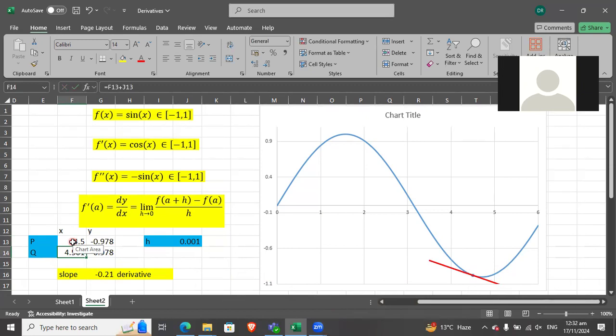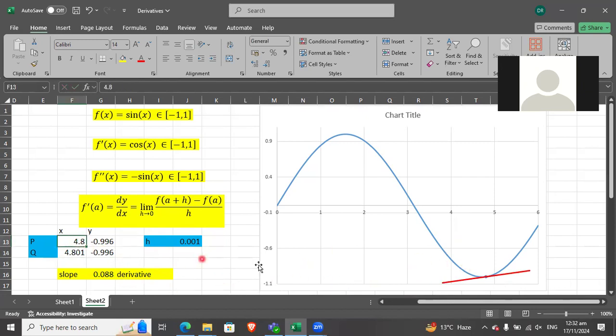I see a negative value of the slope and the curve looking downwards. And then if I go farther from this point, for example I set 4.8, the curve seems to have a positive slope.